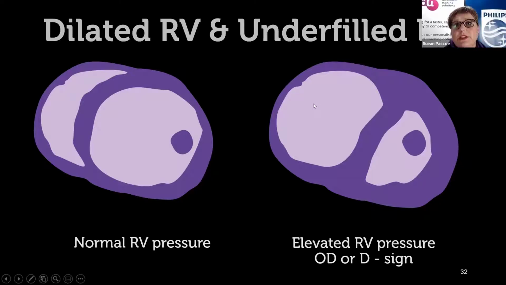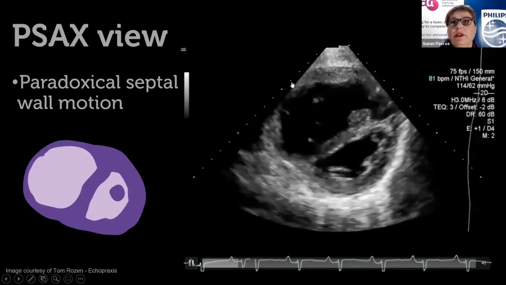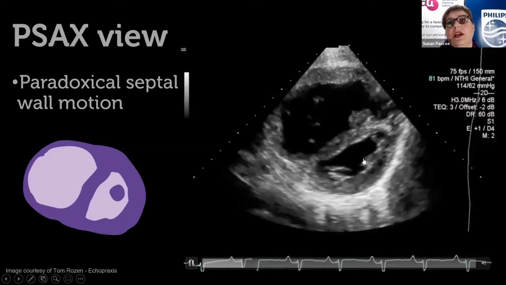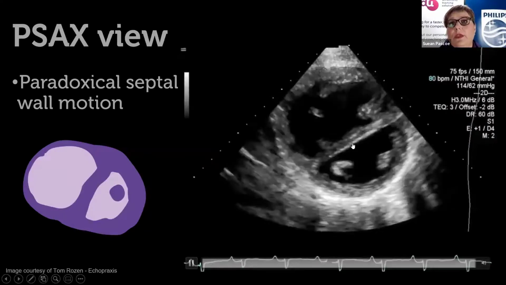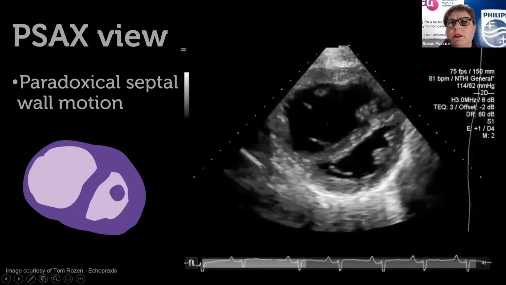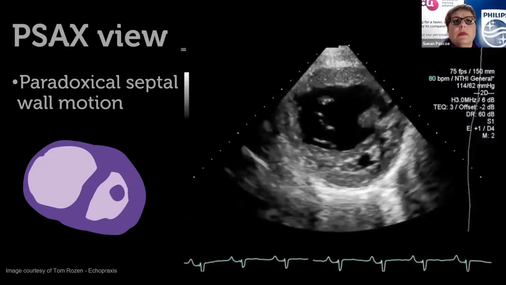And when the pressures are elevated, the right ventricle blows up and is quite round and looks like an O, while the left ventricle looks like a D. So on this clip, you can see a really large right ventricle up here, and we can also see that D-shaped left ventricle with the septum going all weird because of the pressures that are all out of balance.